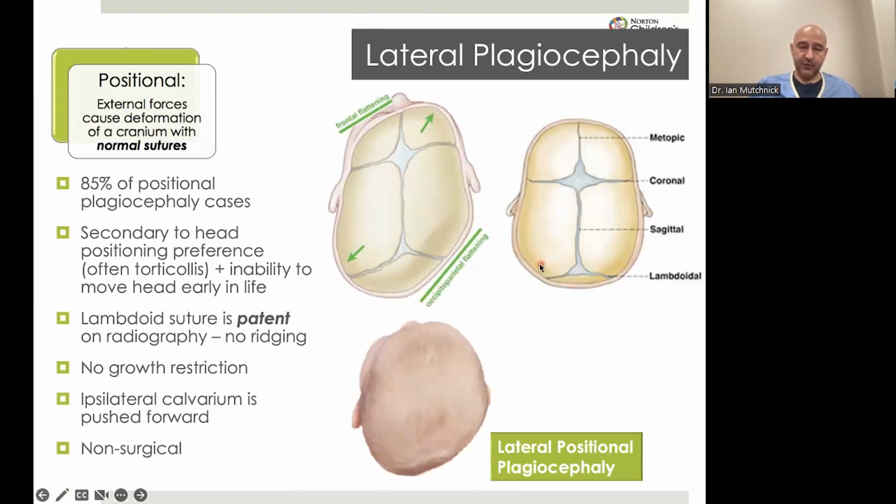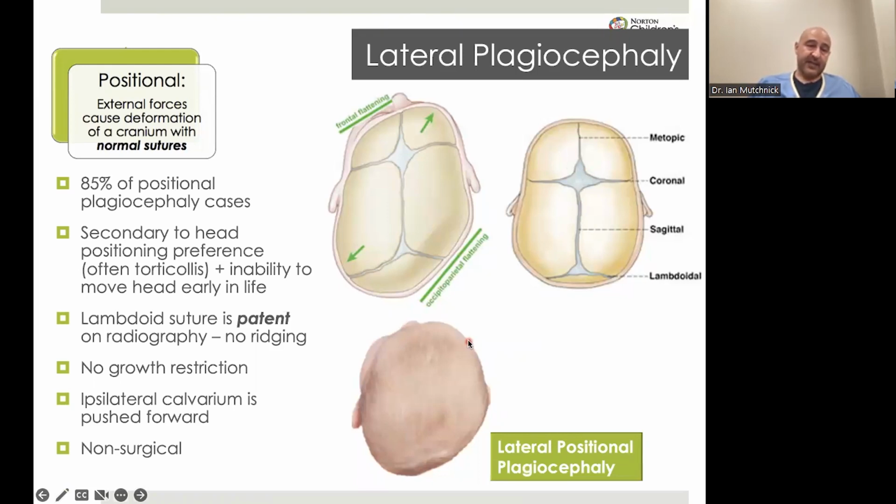Again, the sutures are all open, and this is a classic view from the top. The occipitoparietal flattening. The occipitomastoids are still even, and there's no ridging of the lambdoid suture. And the ear can be shifted forward, which makes it a moderate plagiocephaly. And there can be ipsilateral bossing of the forehead, and that would constitute a severe lateral plagiocephaly.